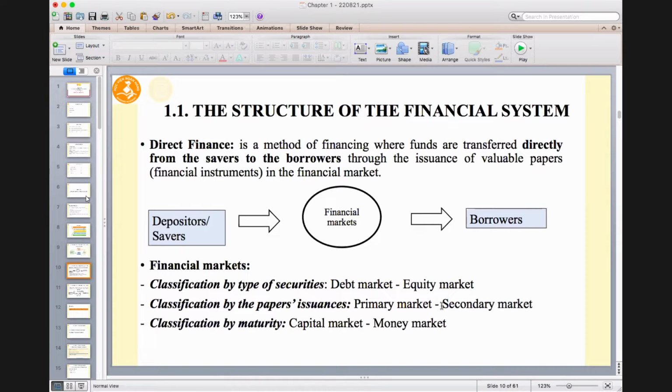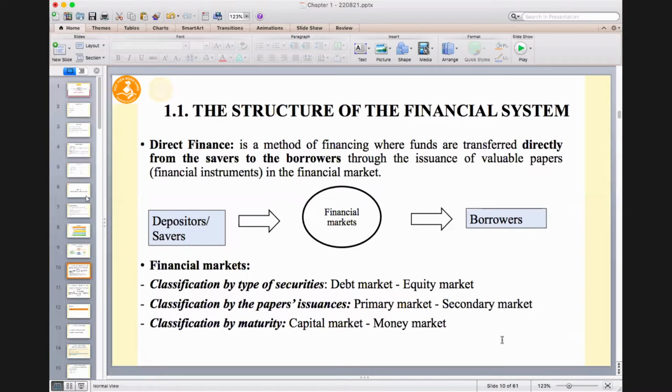Now, do you get it? For example, when the company issues stocks to the public for the first time, they issue in the primary market. After they are listed, the stock can be traded by many other investors.